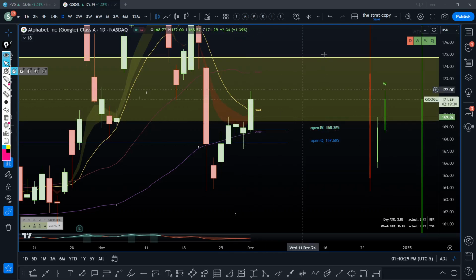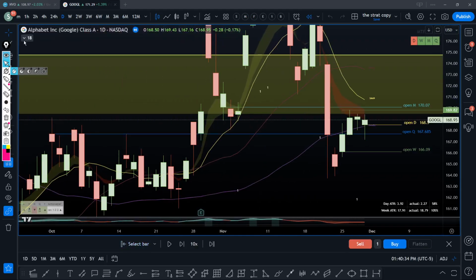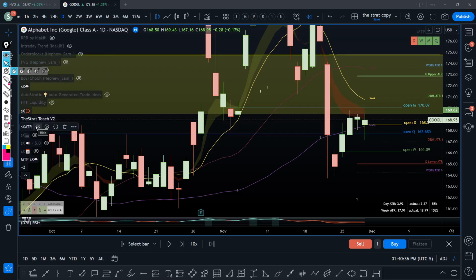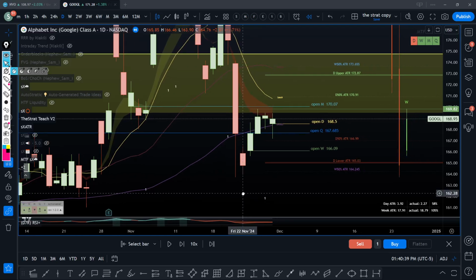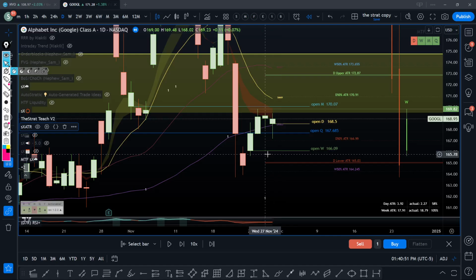And then again, if we're looking at this, we could have played the 170, back to the month open, the 170, or maybe the 171 going into today to the upside.